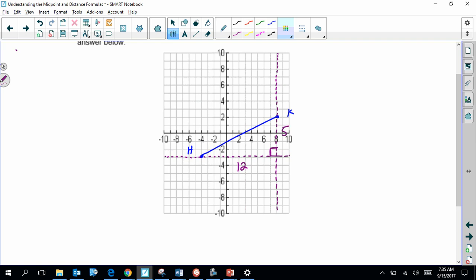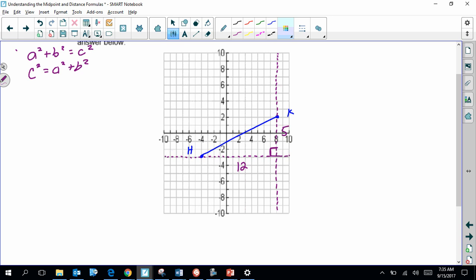Usually in 7th grade, students get introduced to the Pythagorean theorem, which they recite as a squared plus b squared equals c squared. For what I want to do here, I'm going to say c squared is equal to a squared plus b squared. I'm just going to flip the formula around.